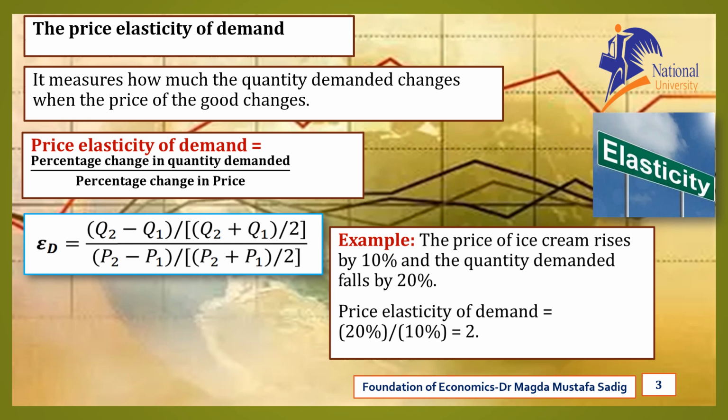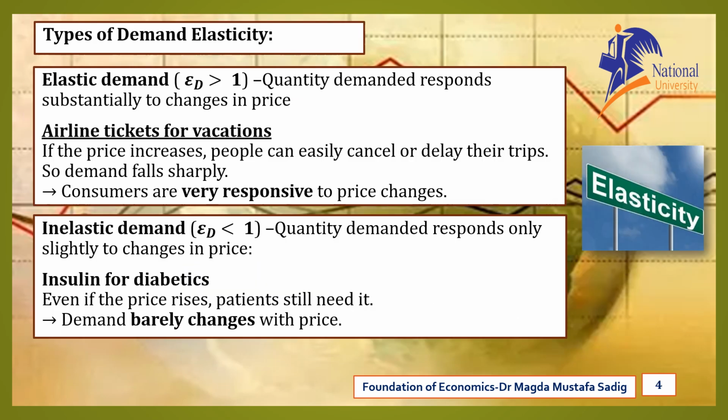So, what does 0.4 mean? Let us keep it similar and let us explain this in the next slides. So, if ED is greater than 1, then demand is elastic.